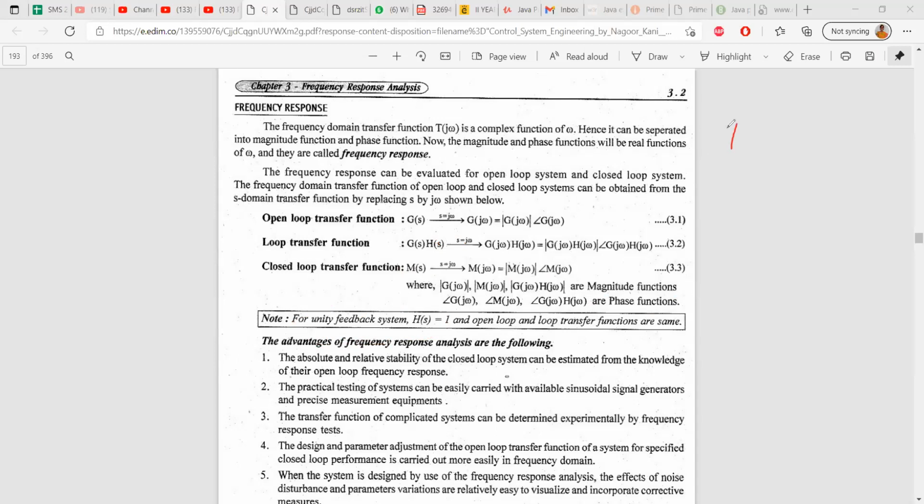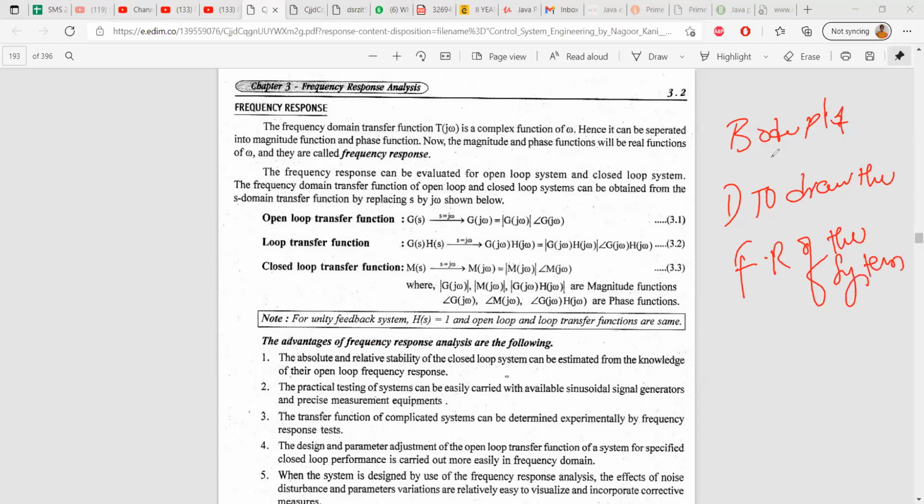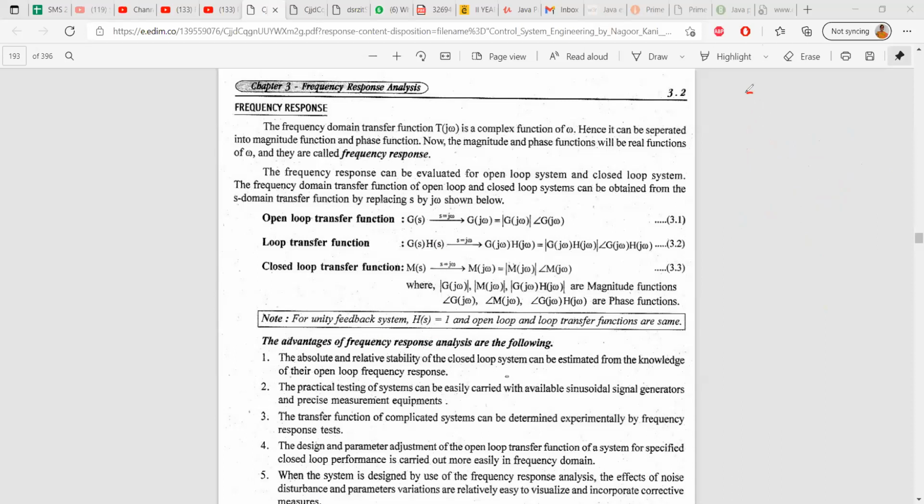The first main purpose of the Bode plot is to draw the frequency response of the system. Here in the Bode plot we are taking a non-linear scale.